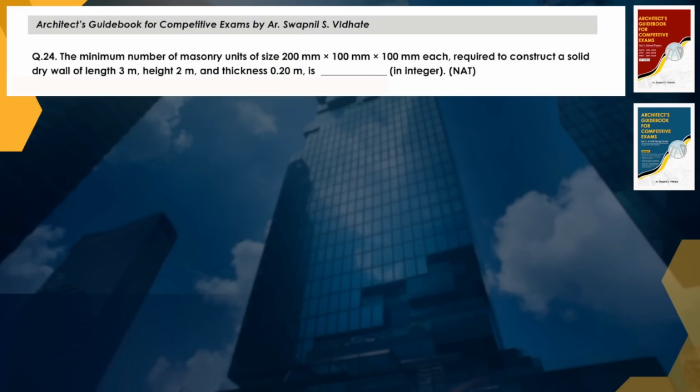The size of the solid dry wall to be constructed is length 3 meter, height 2 meter, and thickness 0.20 meter. So they are asking the minimum number of masonry units of this particular size that will be required to construct the wall which has been provided.